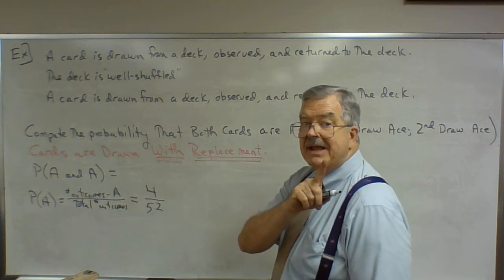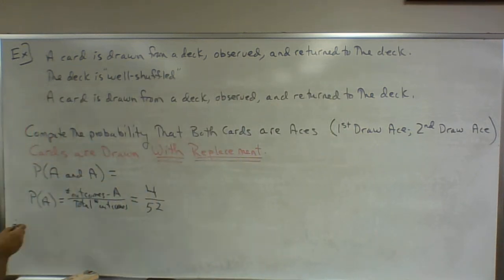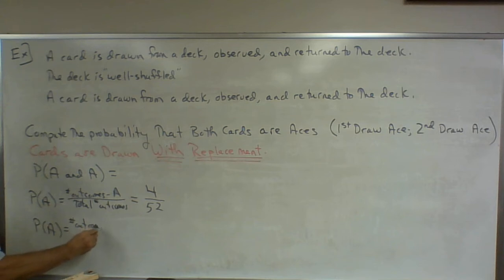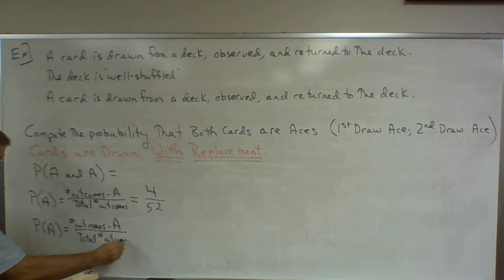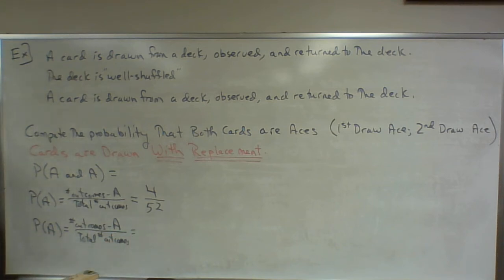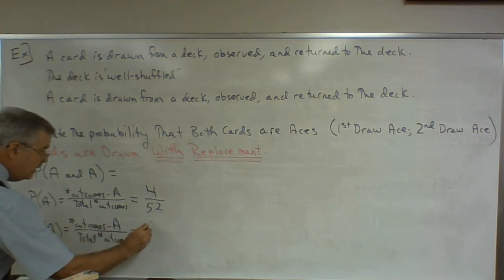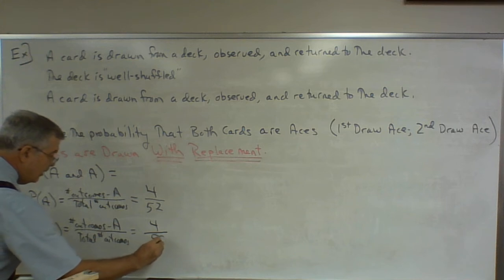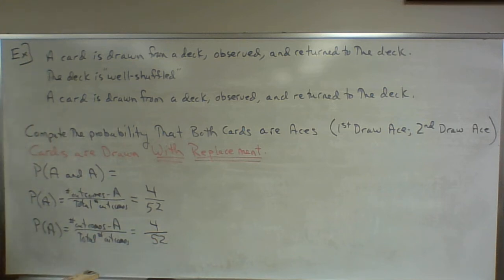Now, what about the second draw? Probability of an ace on the second draw, number of outcomes resulting in an ace over total number of outcomes. Well, really nothing's changed. There are still 4 aces in the deck, and they're all equally likely to be chosen. And there are 52 cards in the deck total.